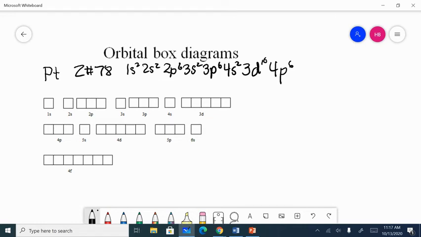Let's count so we can see where we're at. 10, 20, 30, 36. So if we were at krypton, we'd be done now. After 4p comes 5s2. Notice the boxes that we draw have to have the sublevel written underneath. The sublevel is the combination of the principal energy level with the orbital shape.